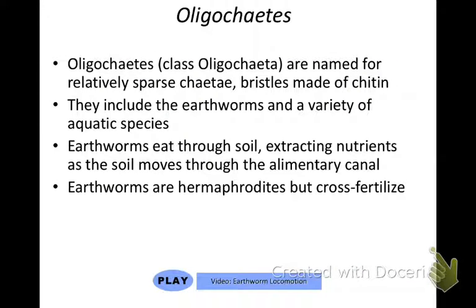The next phylum that we looked at were the Annelidae, or the annelid worms, and they're divided into two main classes. The first are the oligochaetes, and they are named because they have relatively few bristles or chaetae, which are made of chitin.